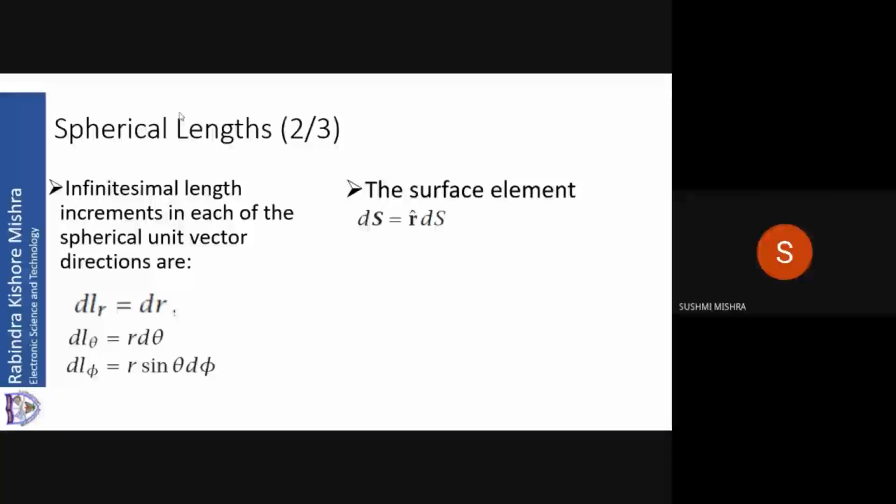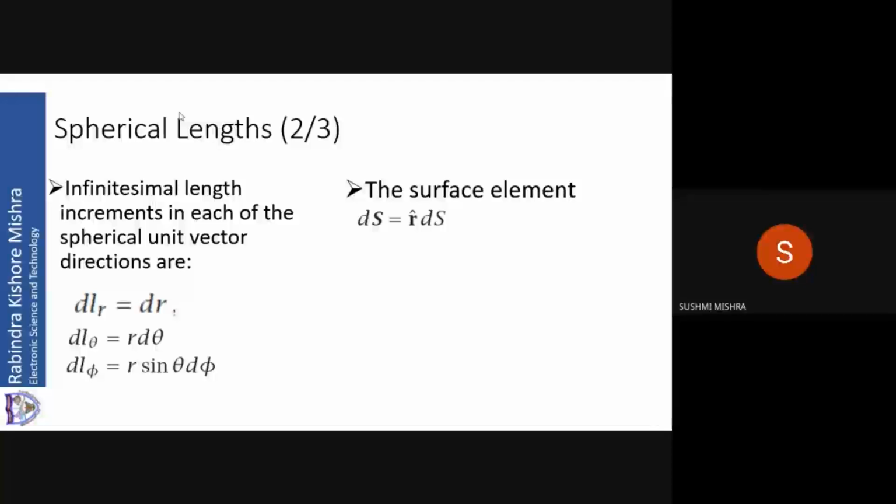So the r cap gives you the normal outward from that area. If you remember the previous picture, r cap is normal outward from that area. So therefore, the direction of ds is always normally outward. So its unit vector for its direction will be r cap. So ds is equal to r cap ds.